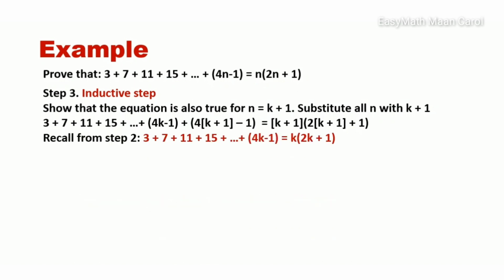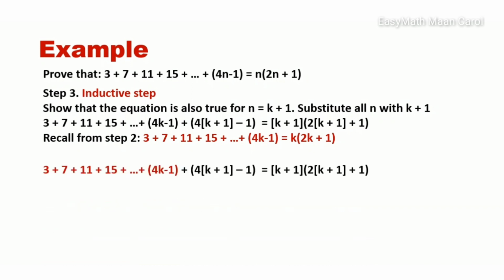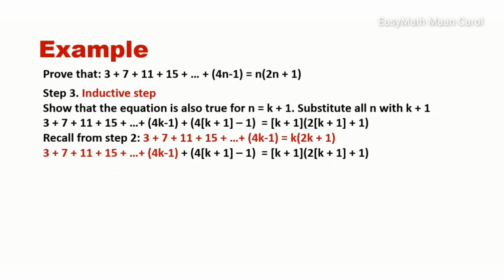So, ito yung sinasabi ko din ulit. Recall from step 2, yung assumption natin, that the expression 3 plus 7 plus 11 plus 15 and so on, hanggang dun lang sa 4k minus 1, is equal to k times 2k plus 1. So, yan yung step 2 natin kanina. So, anong gagawin natin?